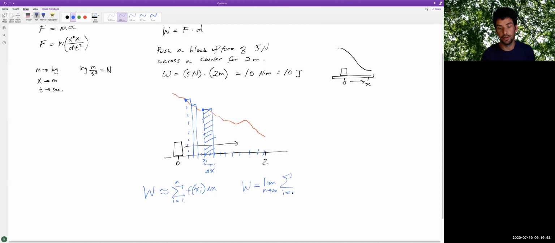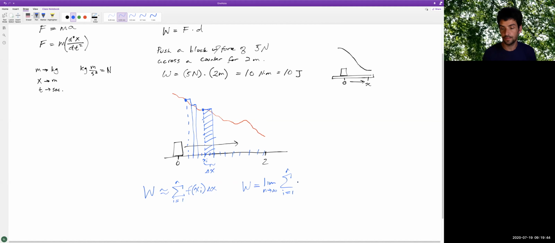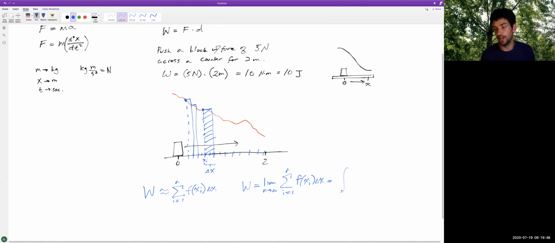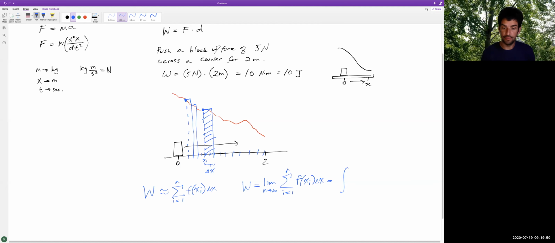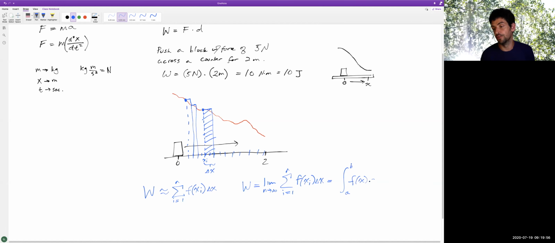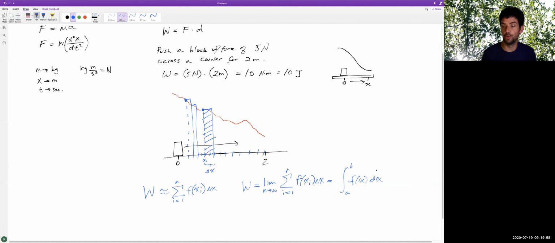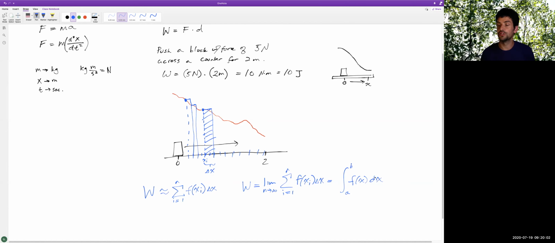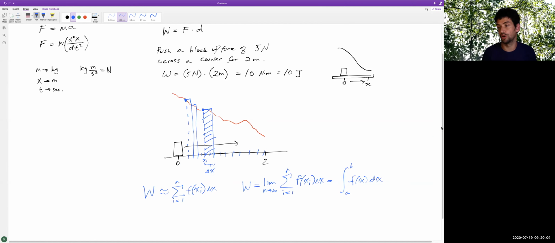We add up all over those intervals. And we end up with an integral. So I've drawn it from 0 to 2. Let's just make it general. Whatever length we're integrating over, the force function dx, right? And so if we know this force function, we can integrate to get the work over the whole thing.